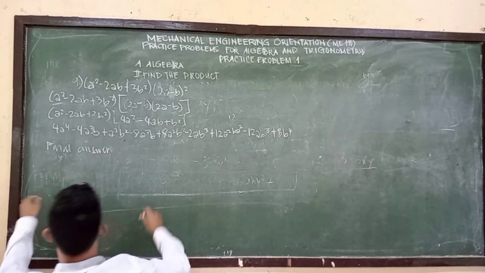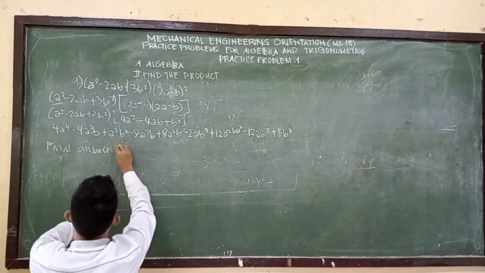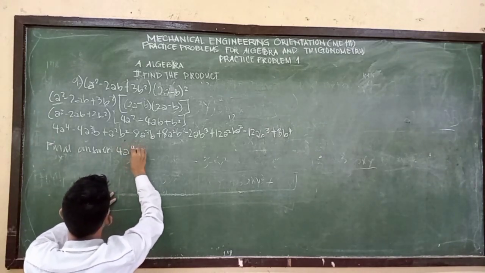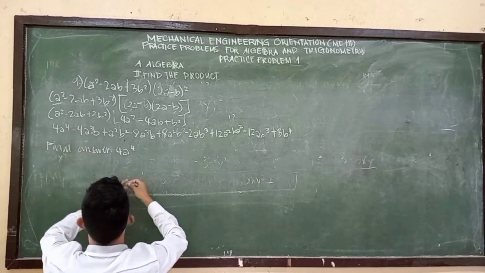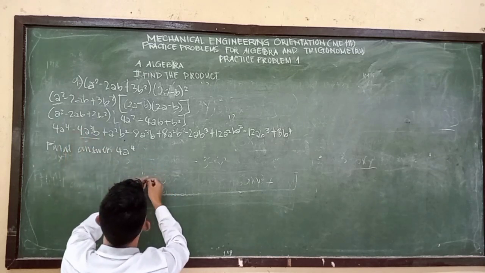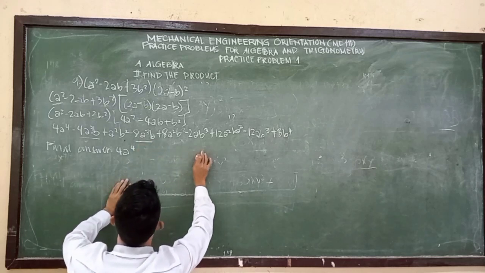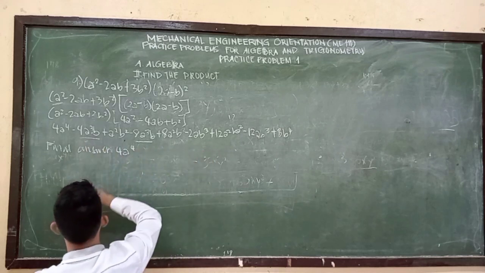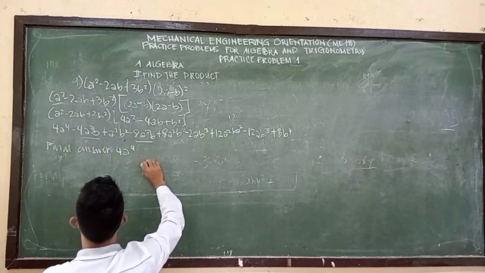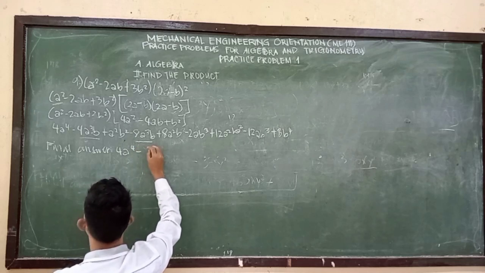We are going to collect letters. 4a to the fourth, negative 4a cubed b minus 8a cubed b.